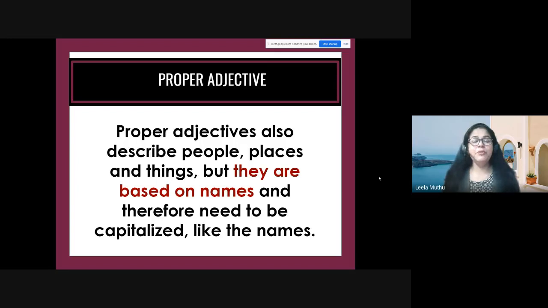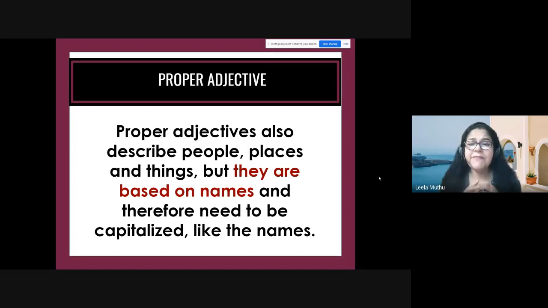And lastly, we come to proper adjectives. Now, you all know what proper nouns are. Common nouns are when we speak about any particular noun in general, a girl, a boy, a phone, a school, for example. But when each of them has a special name, we call them proper nouns.